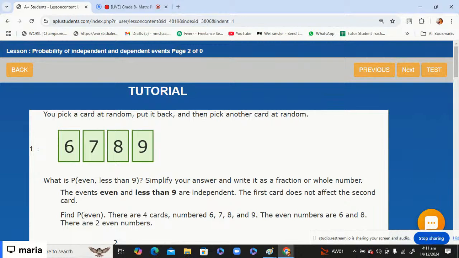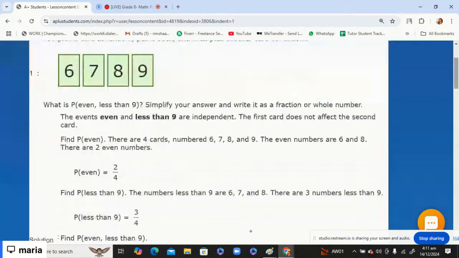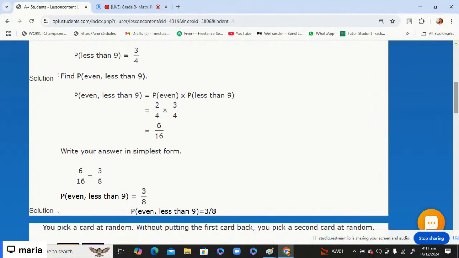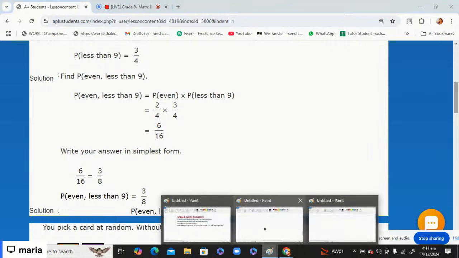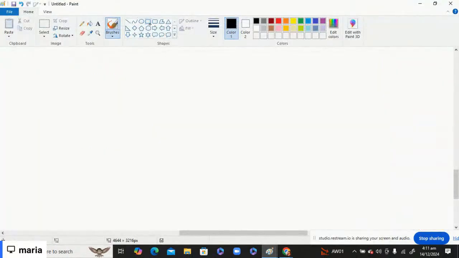So for the P of even probability, first of all, how many total numbers? That is 4, which you put in the denominator, and how many evens in it? There are only 2, 6 and 8. So 2 by 4. Now, what is the probability for less than 9? How many total? 4, and for less than 9, there are 3 numbers. Okay, let's suppose I draw some cards here, then we solve these questions.